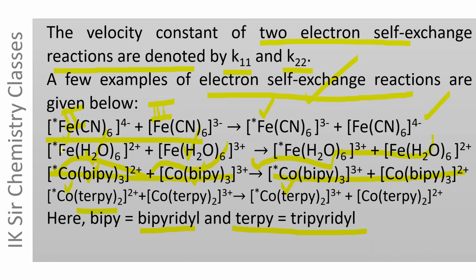These are some examples of electron self-exchange reactions in which the oxidant and the reductant contain the same ligands and the same metal but in different oxidation states. At the same time, the products and the reactants of such electron transfer reactions are identical.